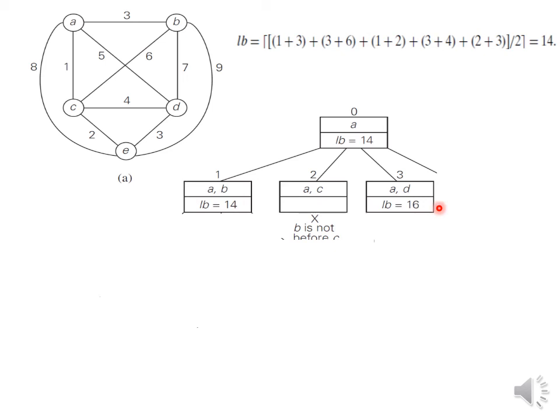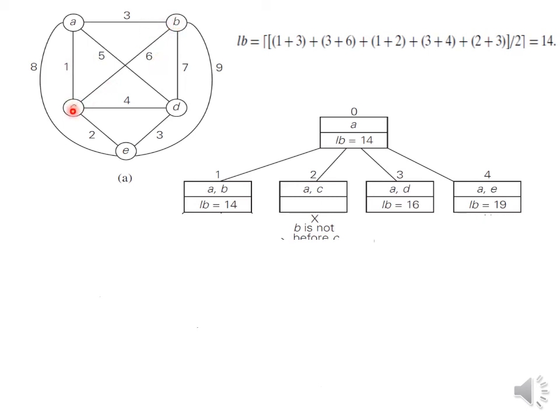Now go for last choice. After A, let us take E. After A, selecting E. So this is the mandatory edge we need to consider, that is with weight 8. Lower bound computation goes like this. 8 plus minimum among these three, that is 1. So 8 plus 1. For B it is 3 plus 6.